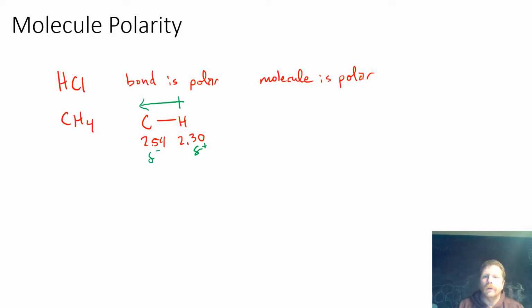When we look at the overall molecule, what we have is a collection of 4 of those same bonds. Now what we have is a bond like that, another bond like that, another bond like that, and finally our 4th bond like this.